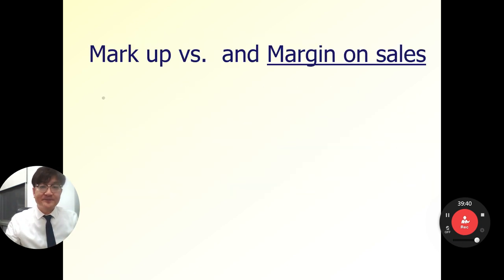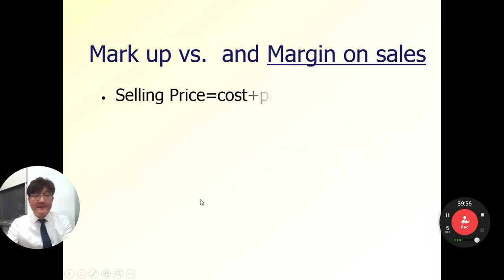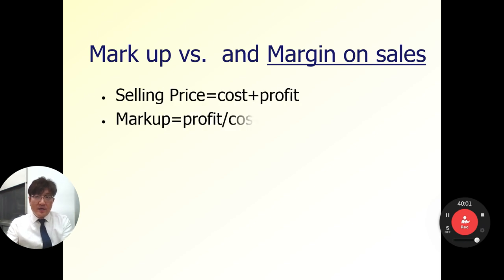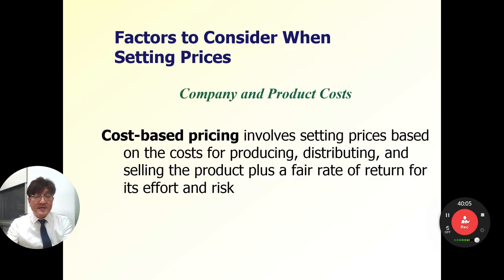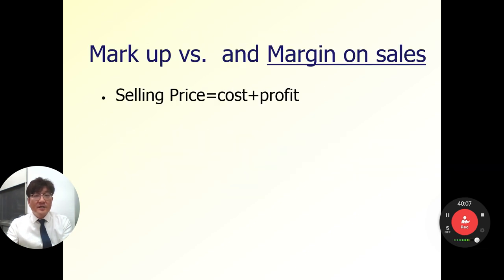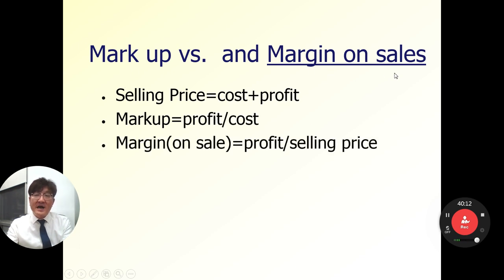Cost-based pricing involves setting price based on the cost of producing, distributing, and selling the product, plus a fair rate of return for its effort and risk. But before we discuss cost-based pricing, we need to understand the difference between markup and margin on sales.